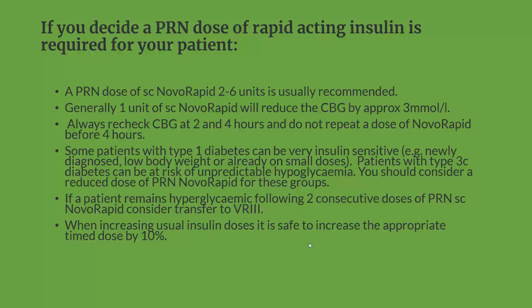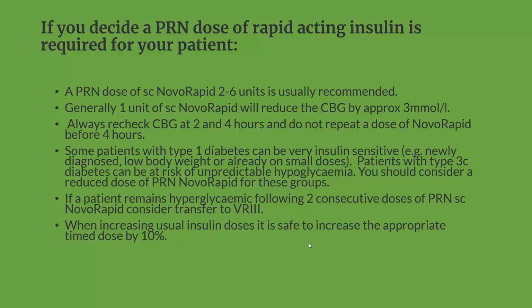As I told you, with Actrapid the onset of action sometimes could be about an hour, sometimes even more when you give it subcut. So it's better to give either Humalog, Fiasp or NovaRapid. I would personally prefer Fiasp, but Fiasp is not freely available in the wards. NovaRapid is available, so you can use NovaRapid 2 to 6 units.